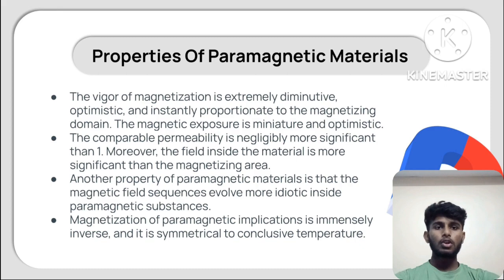Another property of paramagnetic material is that magnetic field lines get concentrated inside paramagnetic substances. Magnetization of paramagnetic material is inversely proportional to absolute temperature.